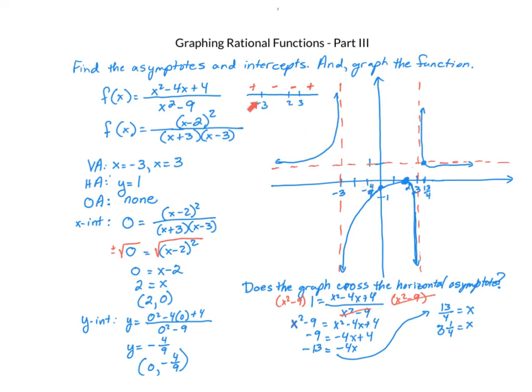What it does not tell you, though, is whether the graph would cross the horizontal asymptote. When we have a plus here, that means it's above the x-axis. It does not tell you whether it's above the horizontal asymptote when the horizontal asymptote is at 1. So you can use this to help you graph, and that's not a bad plan to use this in conjunction with the other things that we discussed, but it wouldn't address does it cross the horizontal asymptote.